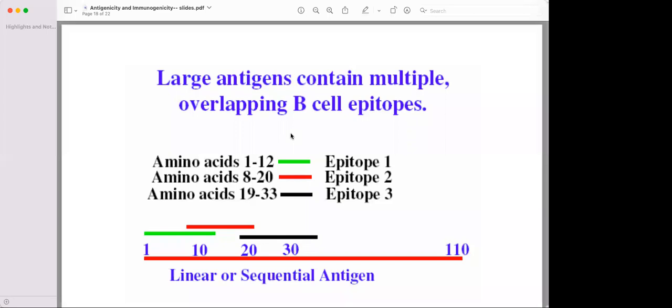T cytotoxic cells will attach to antigens presented bound to major histocompatibility complex class 1. But I've mentioned that you will get clarity on this when you are taught the major histocompatibility complex molecules. What about co-stimulatory signals? Any example? Cytokines. You have several interleukins, and this will also come clearer when you do cytokines as a topic.